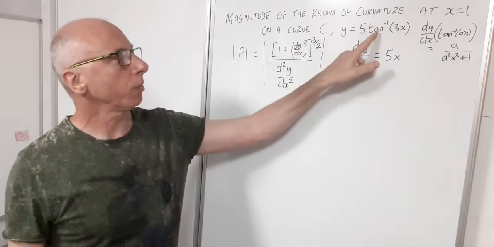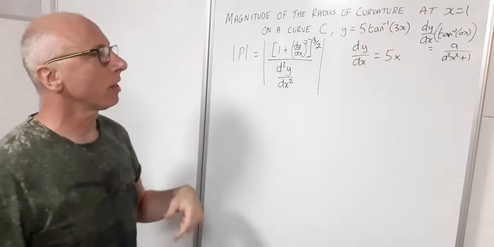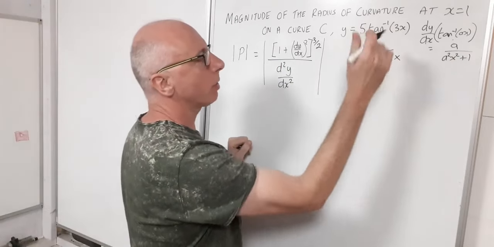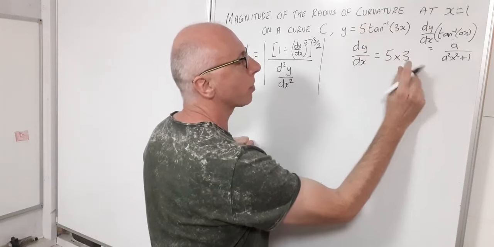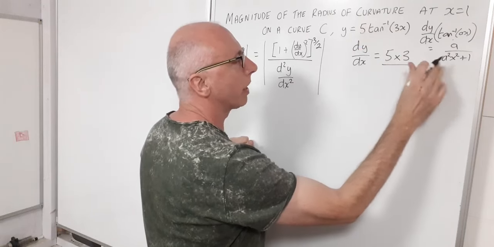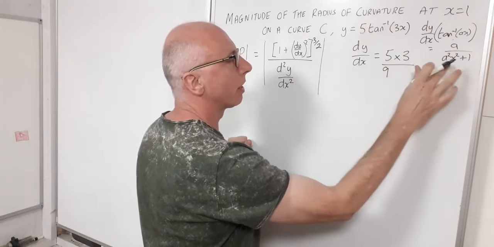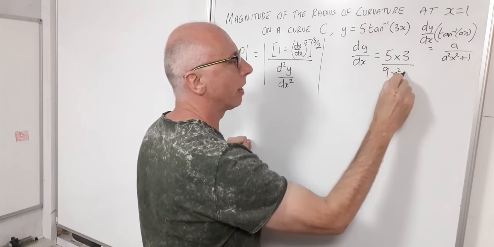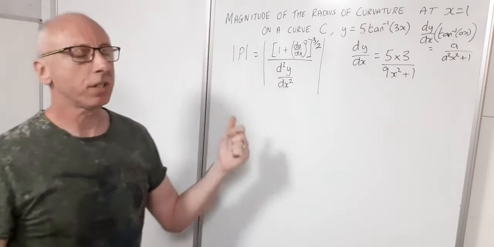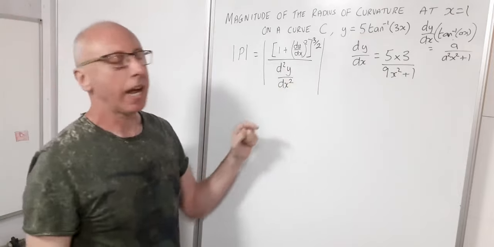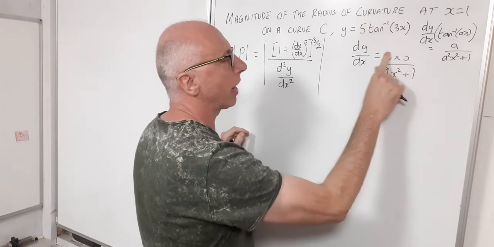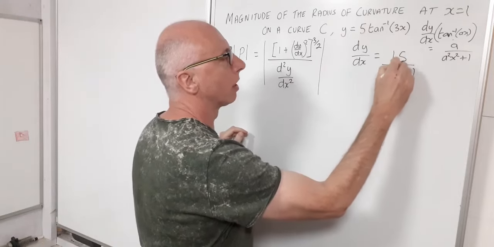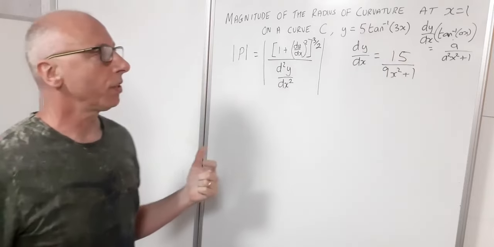So for this one, with the arctangent of 3x, our a value is 3, so that's 5 times 3, and we divide it by a squared, which is 9, x squared, and then plus 1. So that's the result of our first derivative, and the numerator 5 times 3 just becomes 15. So that's our first derivative.